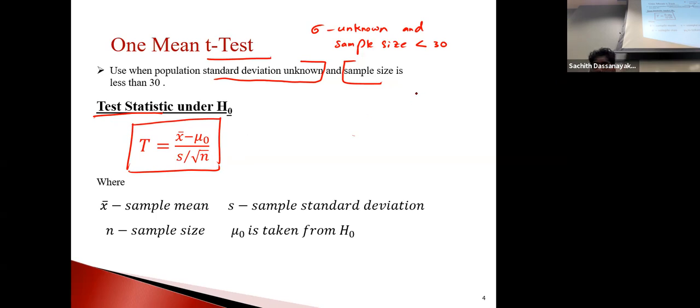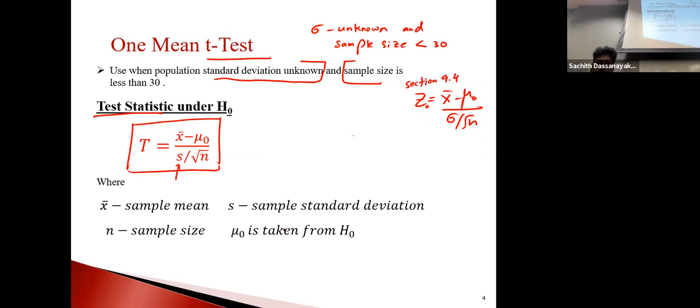Do you remember in Z naught how we calculated it? X bar minus mu naught divided by sigma over square root of n, right? Section 9.4. This is how we calculate Z naught, Z cal. But here you have to replace sigma using S because we don't know sigma. Simply we replace it by S. That's the only difference. Okay.